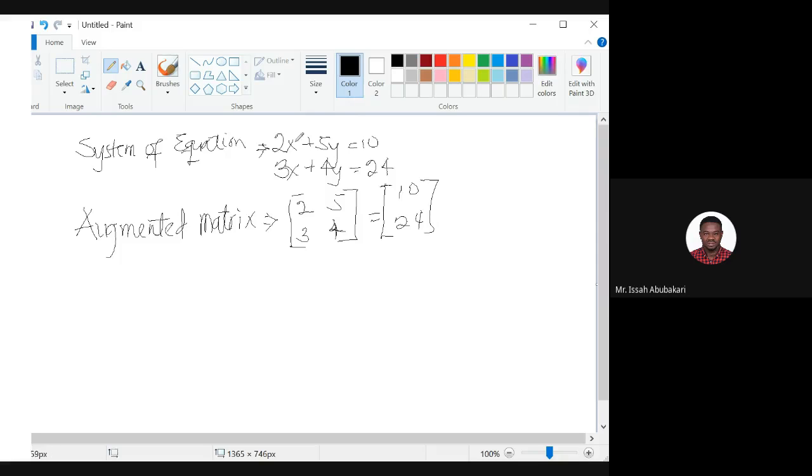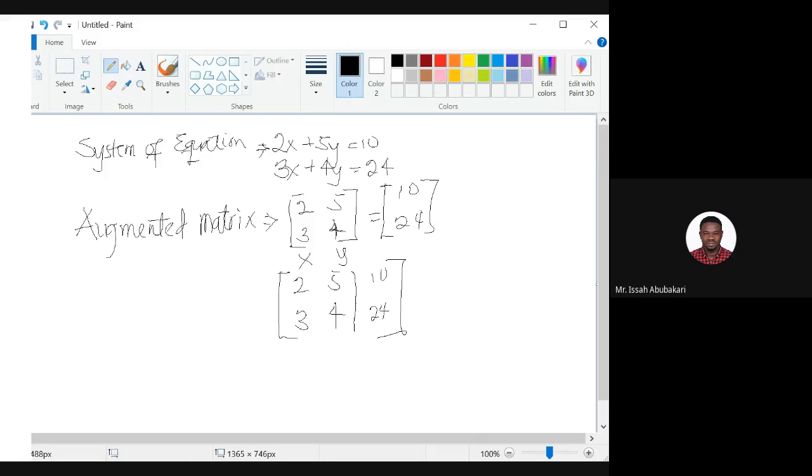And we know 2 and 3 are x, 5 and 4 are what? y, right? So for us to solve this in the form that we call the augmented matrix, we have to write it this way: 2, 3, 5, 4, and draw this line, then 10, 24. This is the augmented matrix that we are talking about.